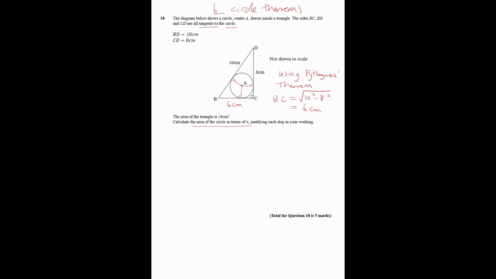Right, so we're going to have to work with the area of the triangle here. So if I have the perpendicular height, and all of these are equal to the radius, we're going to have to use this fact that we've got the area of the triangle. So for this, I'm now going to create a series of triangles.